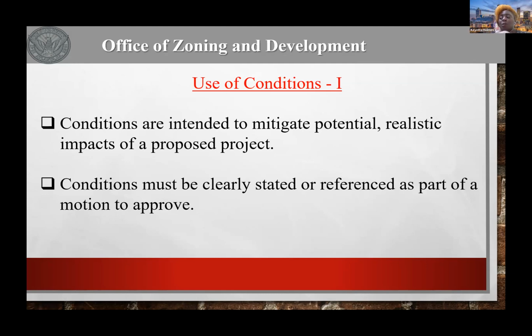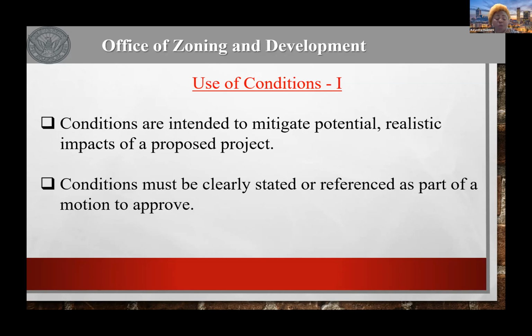You are on a corridor, I accept it, but I don't think 500 units is appropriate here. So we're going to condition you down to 250 units, and that's appropriate for this particular piece of property. That is a condition that is going to mitigate any type of potential impact on the property. Please state the conditions clearly.